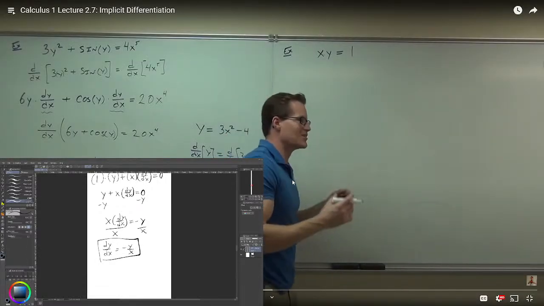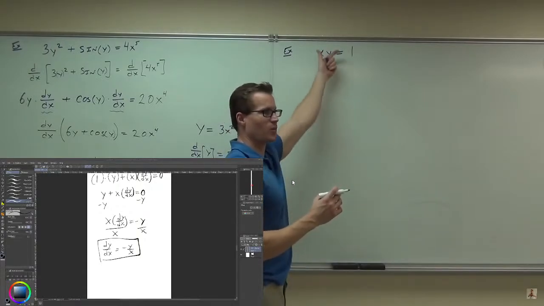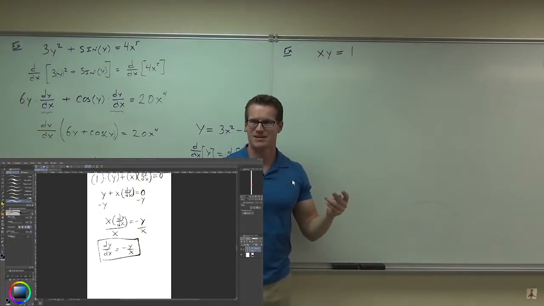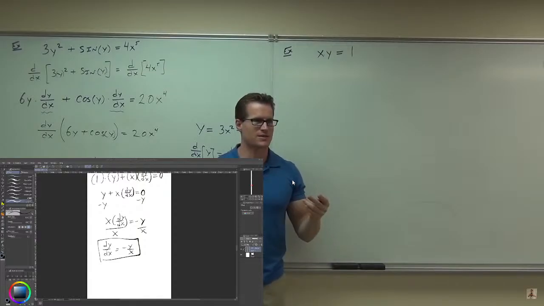So what we can do, we can just go, oh, x is 1, y is dy dx. Yay, I'm done. Because then dy dx would equal 1, right? And that's not the case.